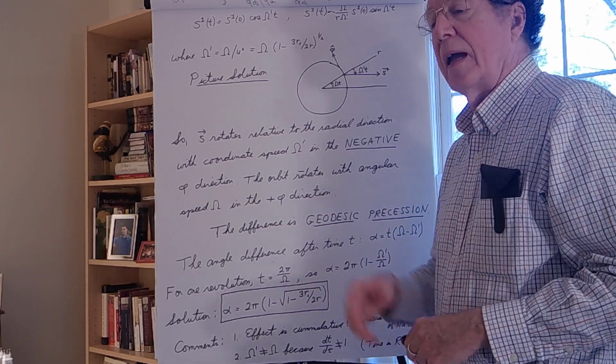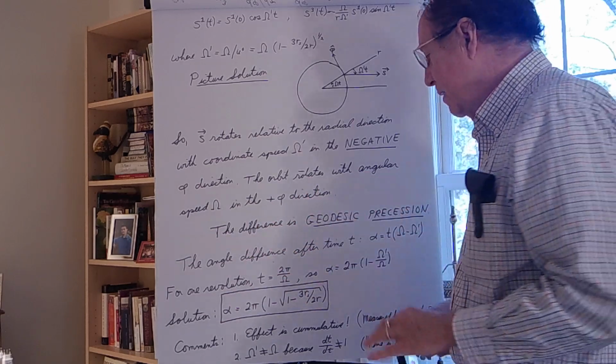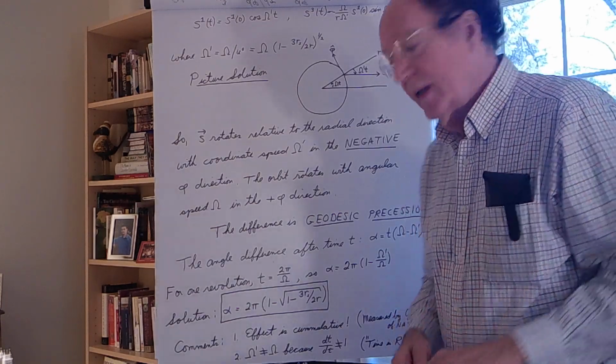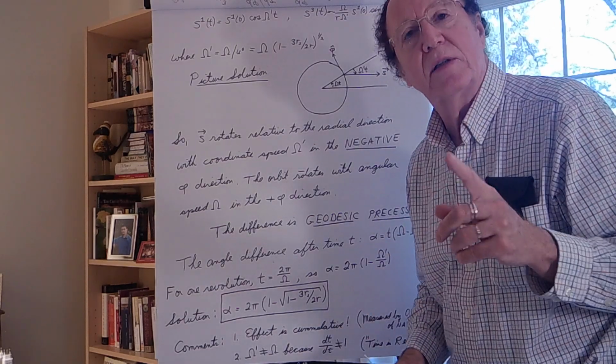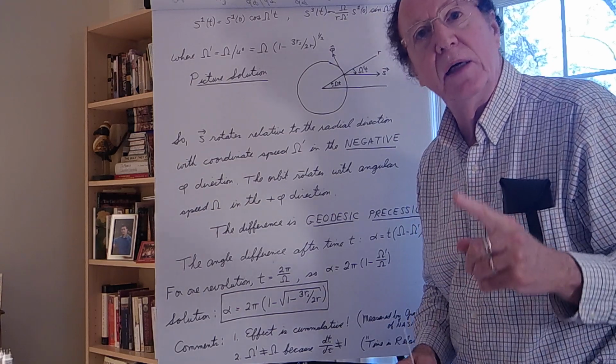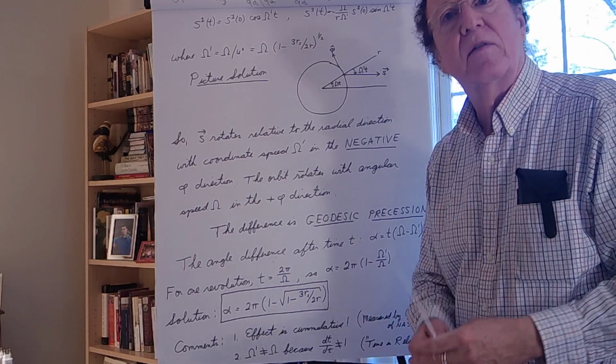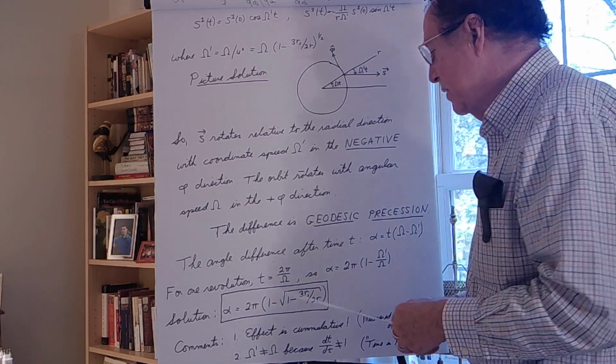When you calculate both of those, you get the funny factor of 3 halves. I'm just making the point that this factor is not just the redshift. It's not just G00. It has the physics of the motion of the orbit in it as well.